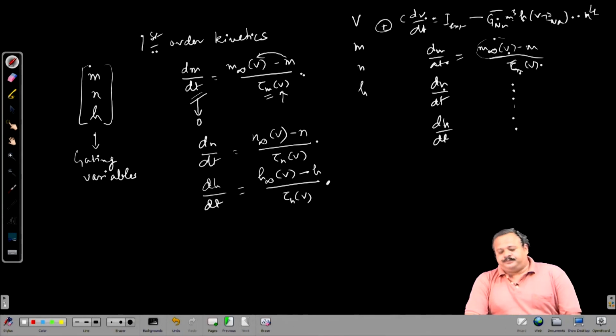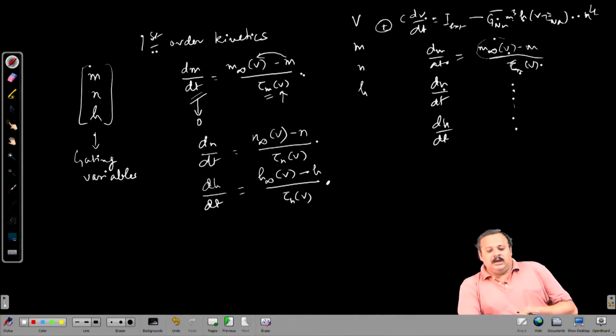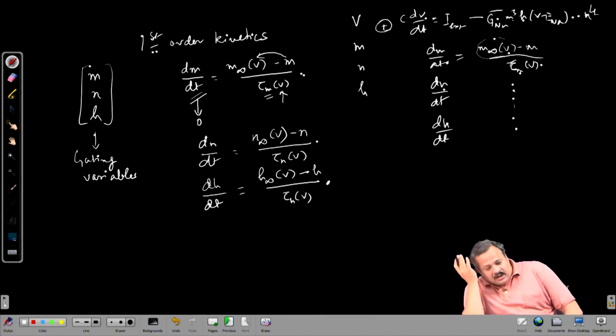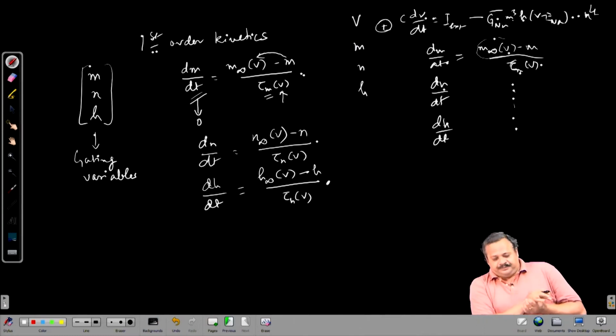The way m infinity V, tau m V and the other ones, that is h infinity V and tau h V, n infinity V and tau n V, are obtained is with those voltage clamp experiments that we described. Essentially, by fitting the curves, Hodgkin and Huxley estimated empirically what the m infinity V function would look like with voltage, and all the others, by fitting the time constants with the correct powers to the observed traces.